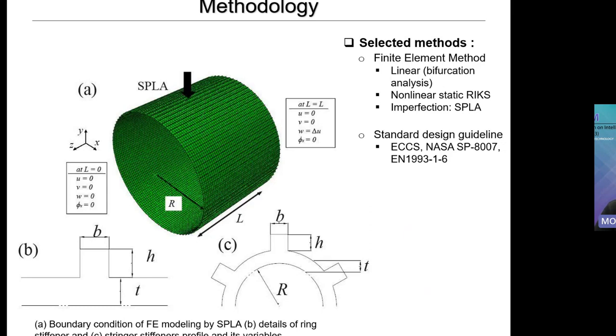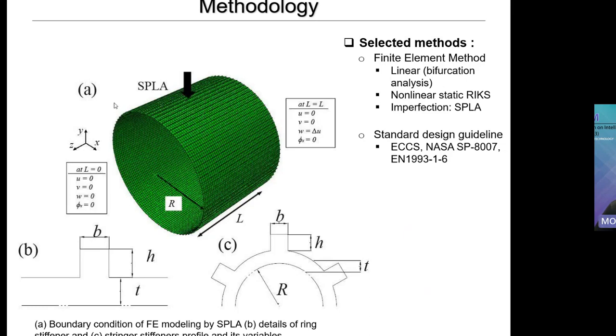And then for the imperfection, we select the SPLA. For the standard design guidelines in this case study, we go by ECCS, NASA SP-8007, and then EN 1993-1-6.